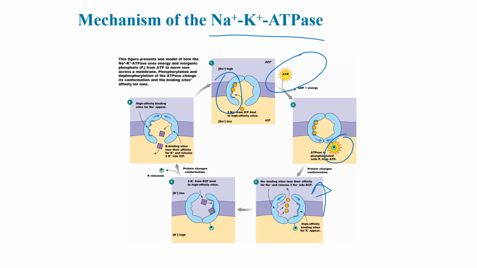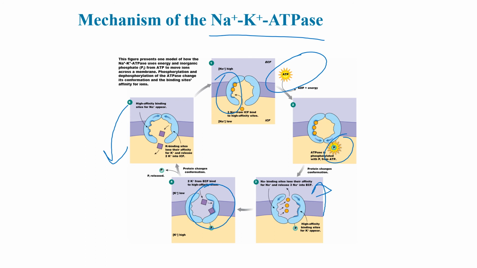Now, sodium-potassium ATPase, it's an antiport. So it's going to move 2 substrates in opposite direction. So 3 sodiums are going to move out, and then what happens? 2 potassium are going to bind, and they're actually going to be transported into the cell.